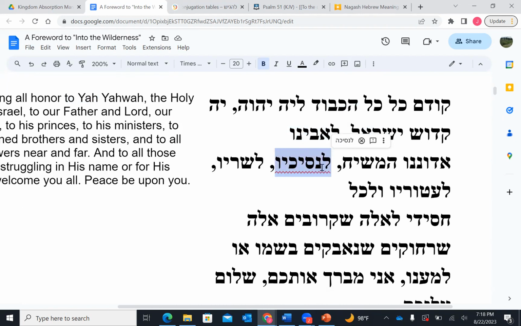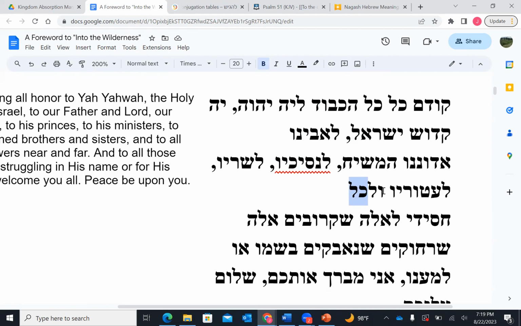Le Nasikav, Nasik is prince, le Sarav, Sarav like Sarah, le Aturav, and to all, ulekol. The word here wouldn't be Velako, it's Ulako.